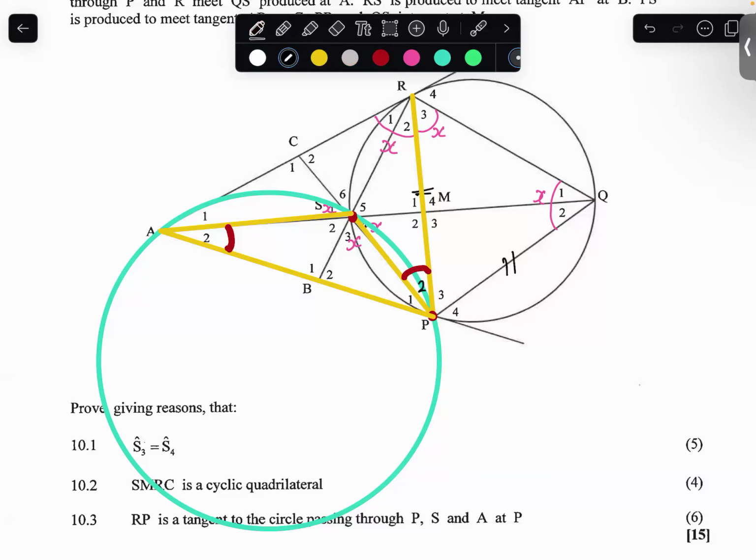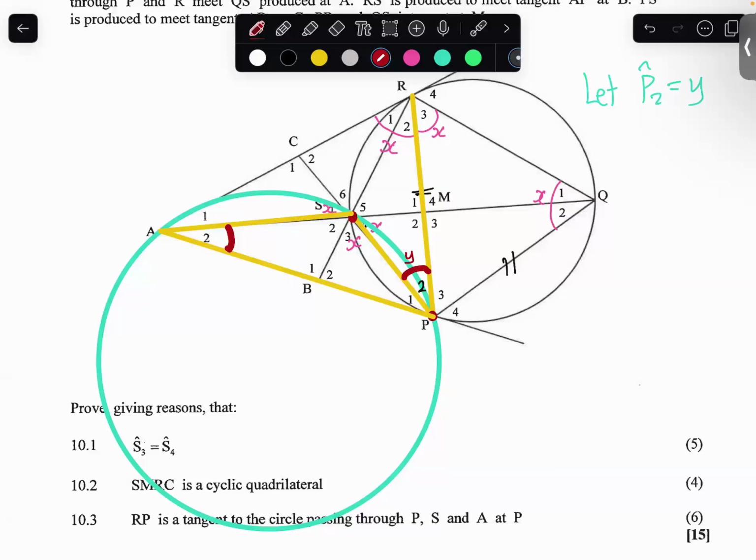And so again, just like before, where I needed to make one thing a variable, I'm going to do the same thing. I am proving two angles equal. I'm going to make one of them y, because I already have x's on this diagram. So I'm going to say let angle P2 equal y.